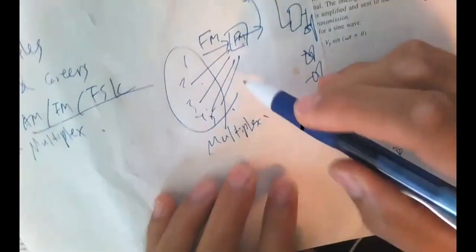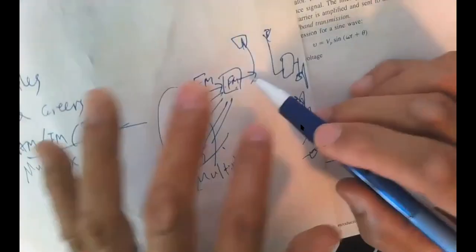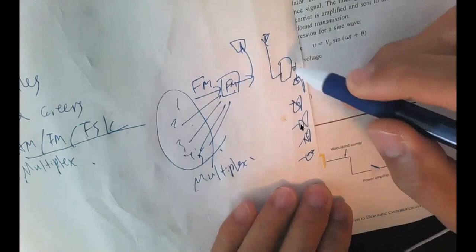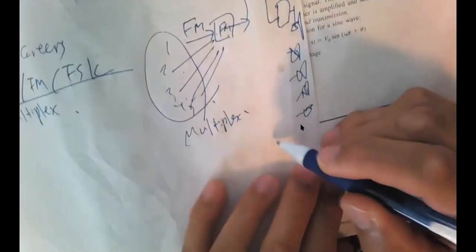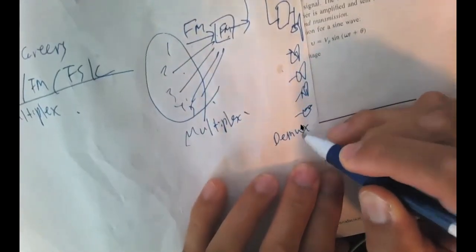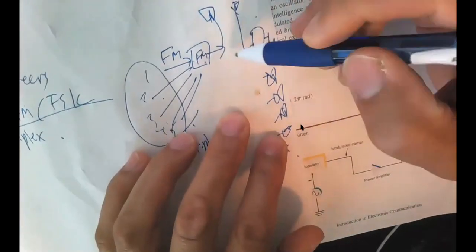So you combine multiple signals and send them out through one carrier: multiplex. And on the receiver side, it's called a DMUX, demultiplex. That means you will separate the 5 and send each to the right speaker.